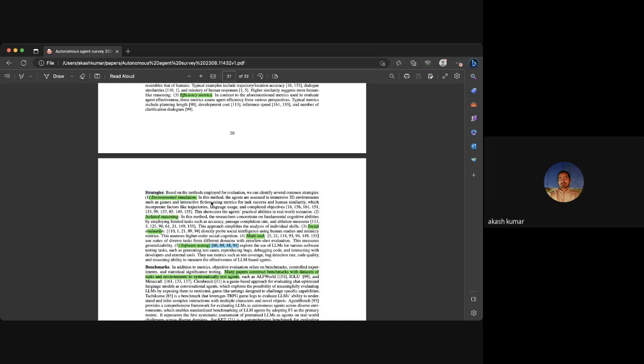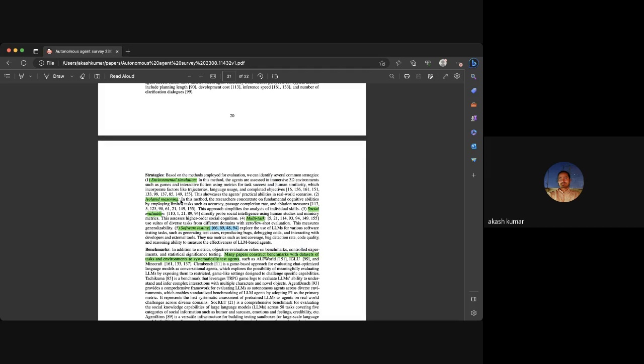One such strategy is environmental simulation, where if you're trying to look at metrics like task success and human similarity, you give the agent the capability to act in an environment. There you can check, by the agent's performance, how good or how close it is to a human. Another way to do this is via isolated reasoning.